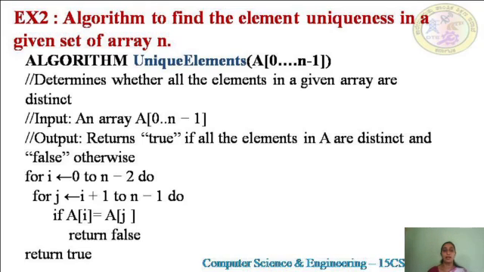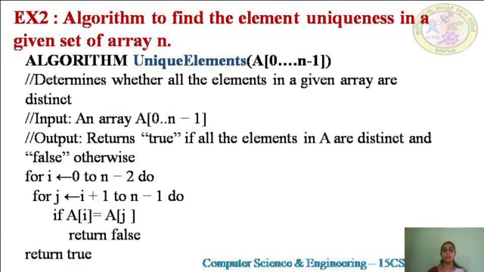Here the ith element of A is compared with the jth element. The first element is compared with all the remaining n minus 1 elements. If any element is found similar, then it returns false.